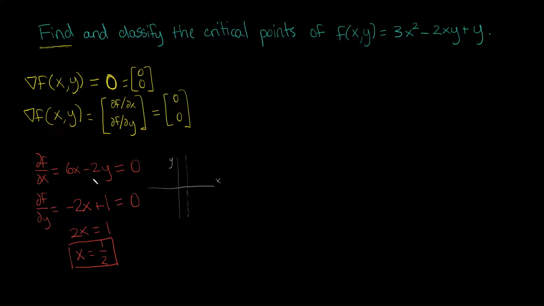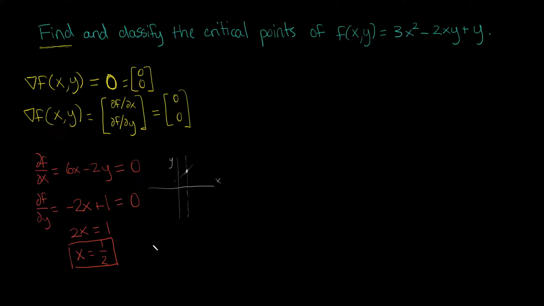And we can use this fact when we also know that the partial derivative of f with respect to x has to be at some value, and hopefully we can find some sort of intersection that will give us our critical points. So let's go on and calculate 6x minus 2y equals 0.